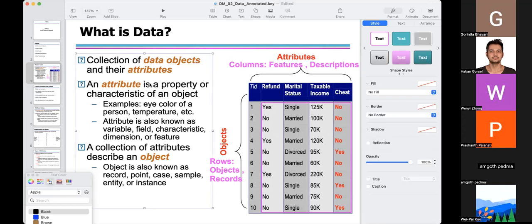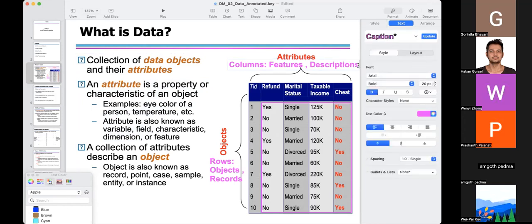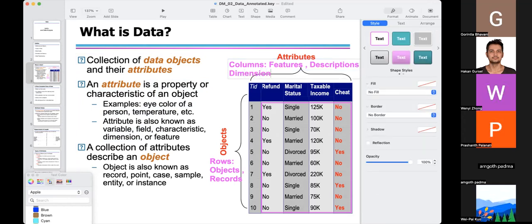So the attribute is a property or characteristic of the object. So for example, eye color, temperature. Attributes are also variables or fields, and they are also called dimensions. And this is very important because when we start doing data analysis, we could visualize this data as a plot, let's say, in a coordinate system that has X and Y coordinates, and then the objects, according to their values, are plotted into that coordinate system.